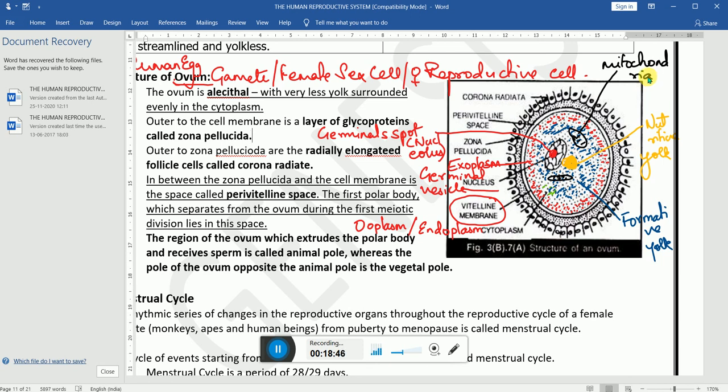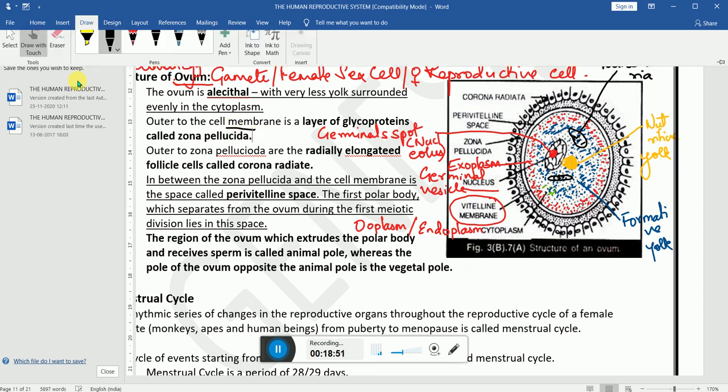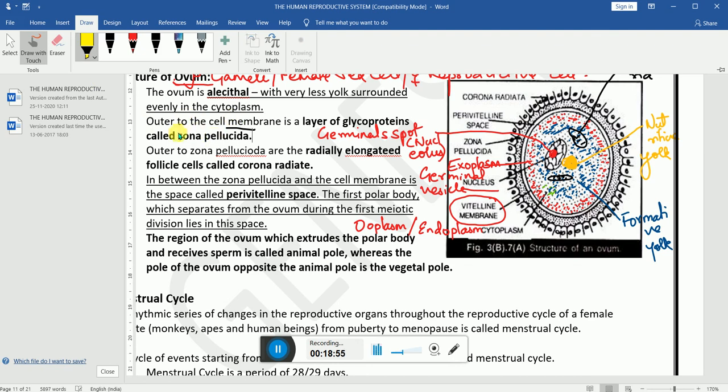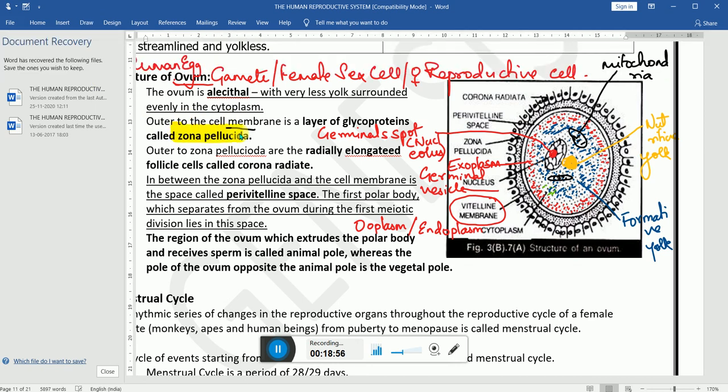So zona pellucida is an important term. Let me take a marker. So we have got, students, zona pellucida. And where is the zona pellucida present? This part that you see over here, with the dotted structure.